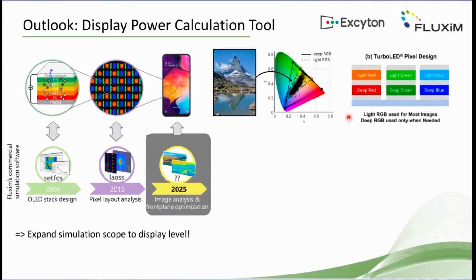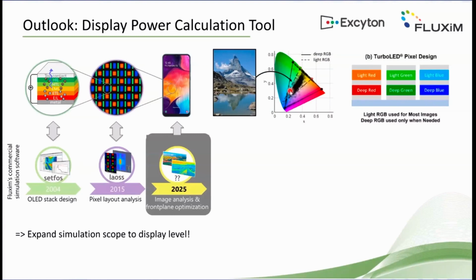The new concept, turbo OLED by the company Exiton, is that instead of using 3 subpixels, it uses 6 subpixels, for each of the 3 primary colors a light and a deep version. The deep version is this large triangle in the color space for a chosen picture. Here's the Swiss Matterhorn.